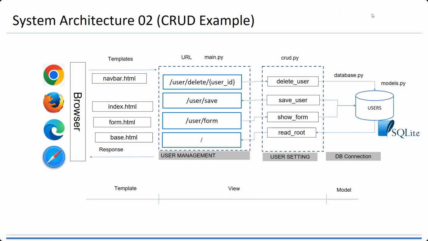Now, let's take a look at this system architecture. I call it system architecture 02. In this system architecture, some parts are similar, but it shows a little bit different in terms of the details.